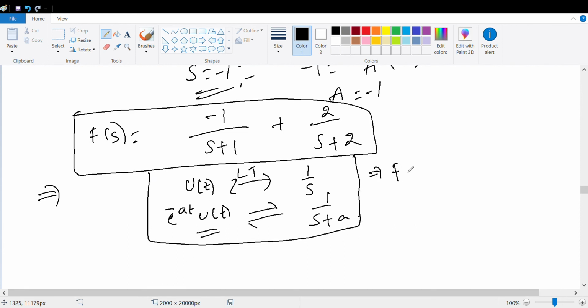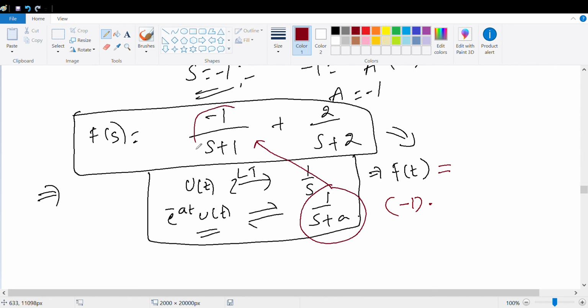So f of t is equal to, our function changes like this, equal to minus 1. Here just compare these two, and in the place of a we have 1, so a here is 1.